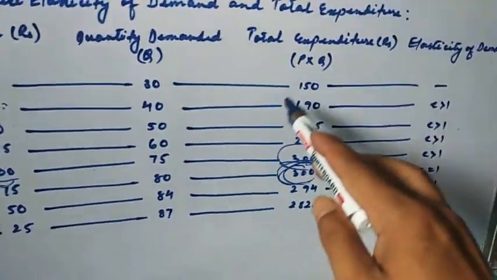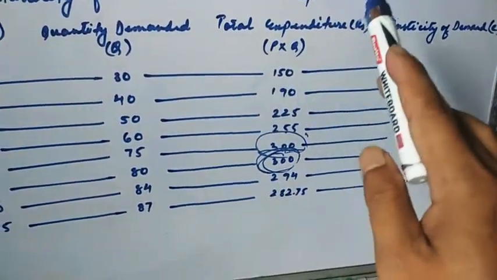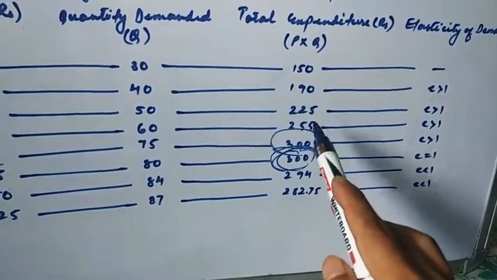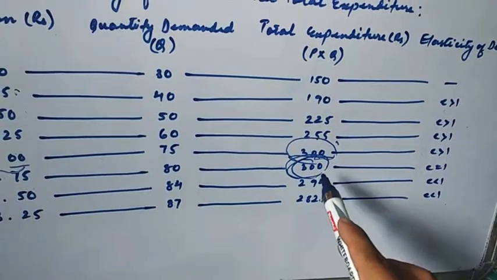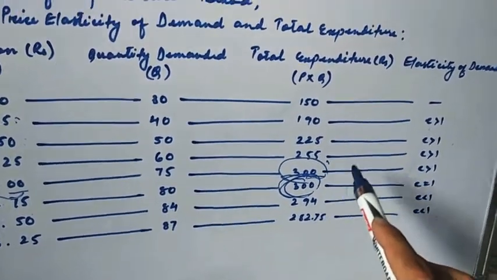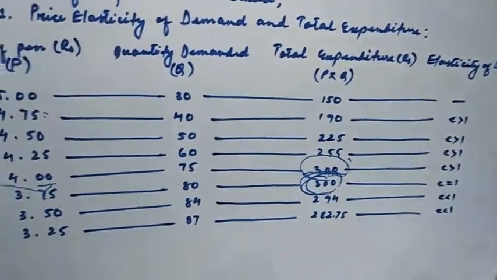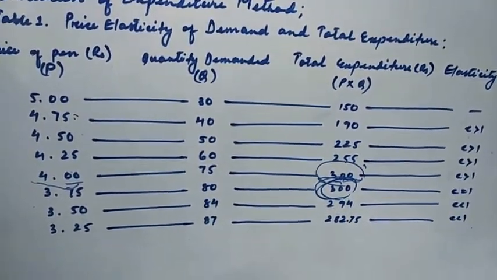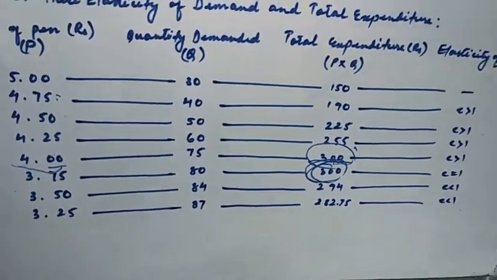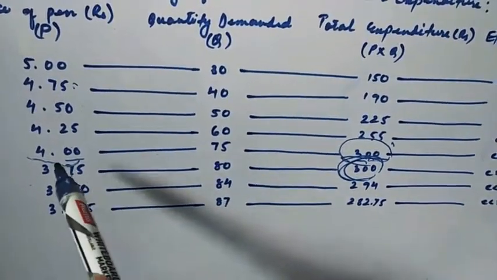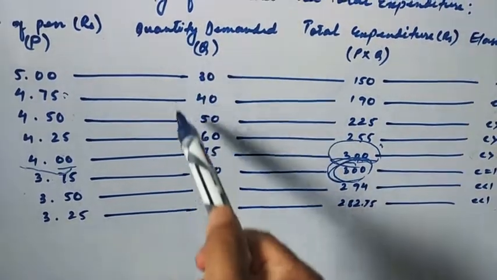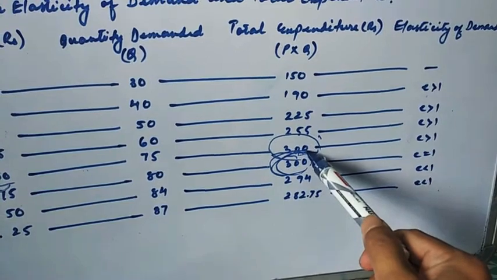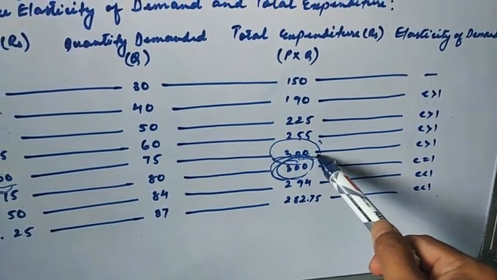So we see three conditions: price elasticity greater than 1, price elasticity equal to 1, and price elasticity less than 1 in the total expenditure method, explained in this tabular form. Let me repeat again. Till 4 rupees, the quantity demanded increased so much that the total expenditure also increases, up to 300.